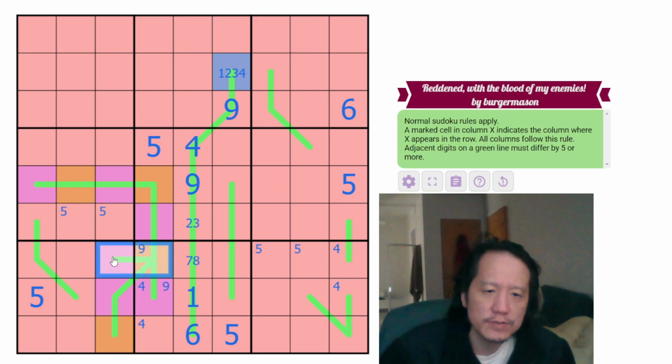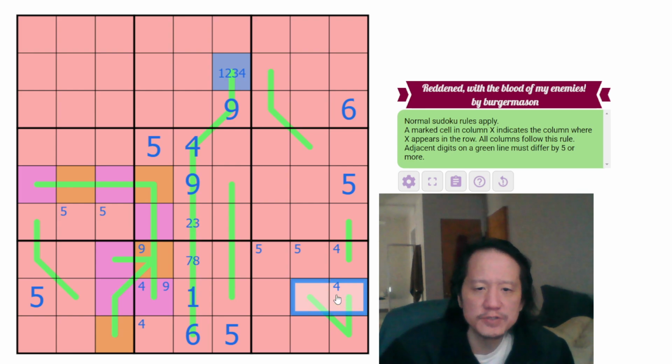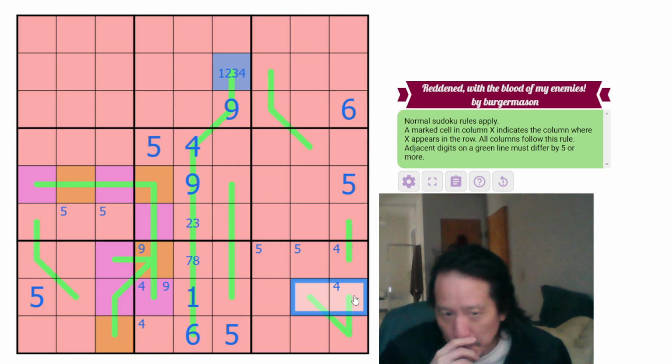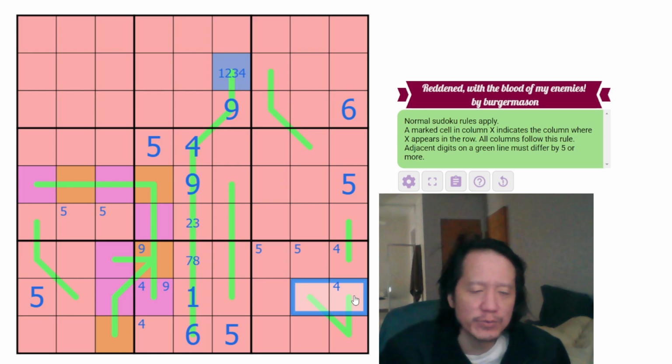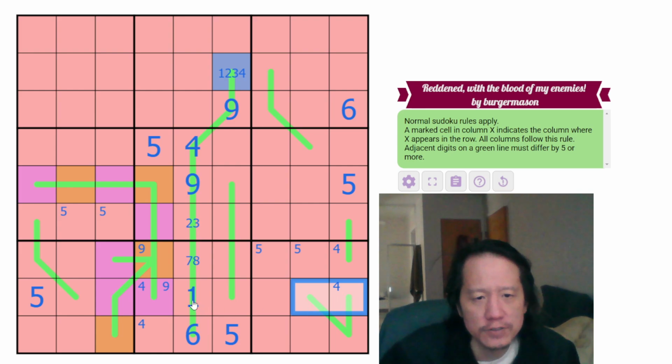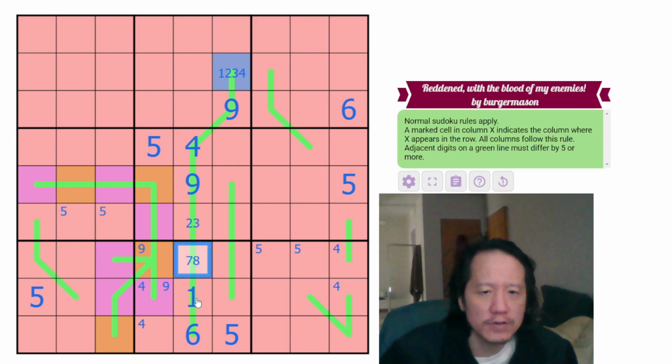We don't know about this. These two must be the same set because they're both next to the same set here, but we don't know which one it is, right? It could be pink or it could be orange. We're not sure. This is a high or low, which means 5 has to be one of those.